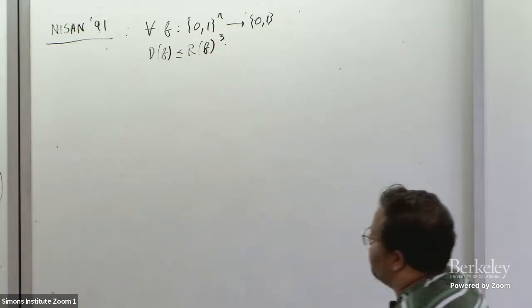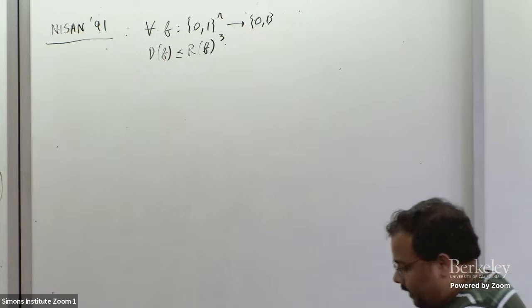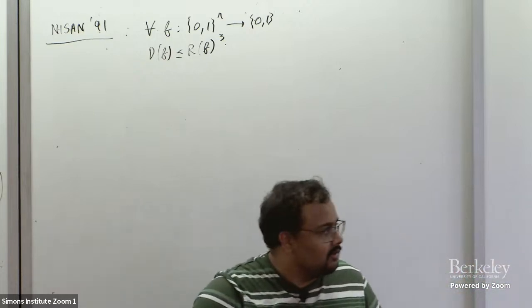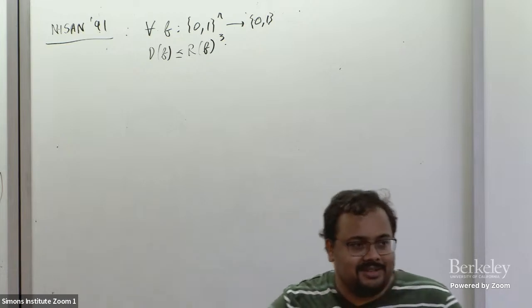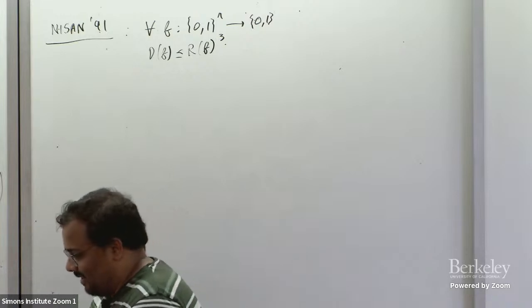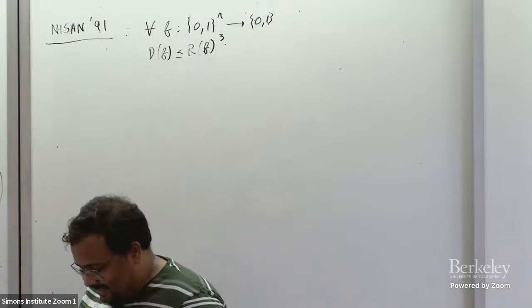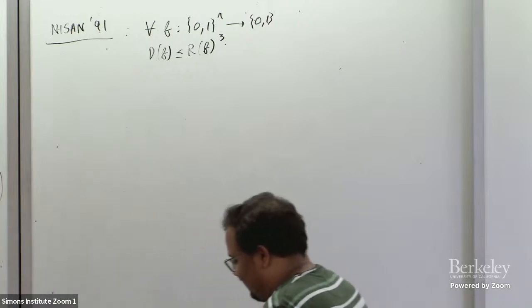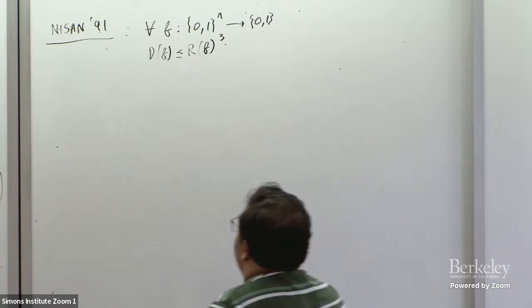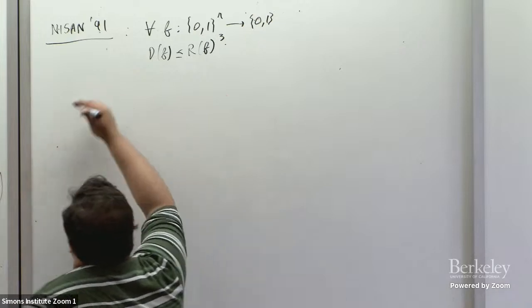So basically what Nisan showed is that in this query complexity setting, randomness doesn't provide a super polynomial advantage. Phrased differently, this says that in the query world, P is equal to BPP. I hope that excites some of you. And this is in some sense a de-randomization of depth.